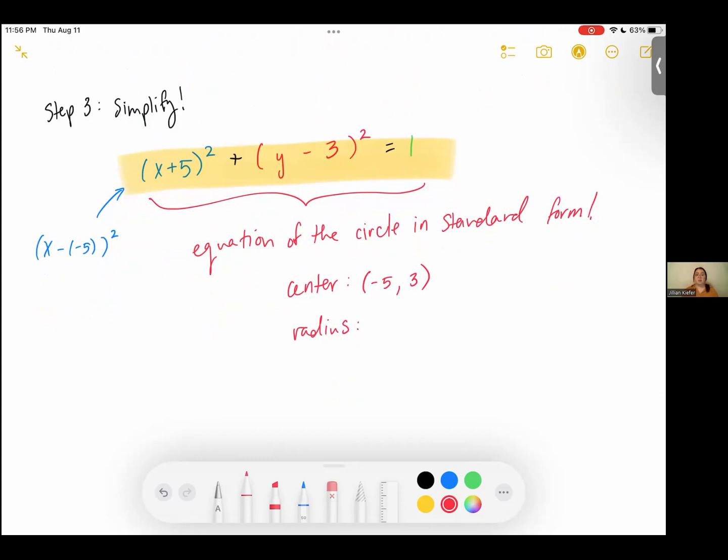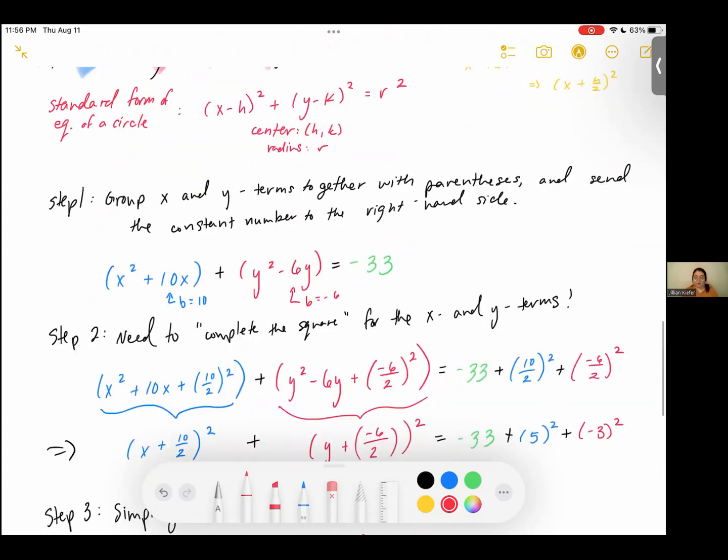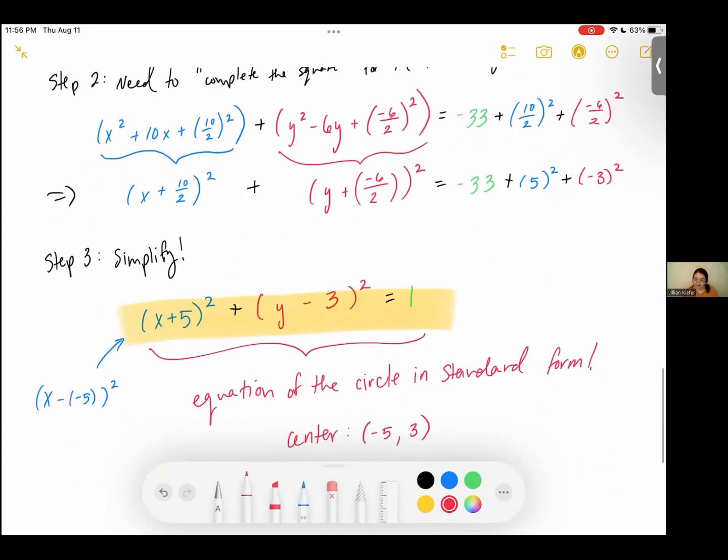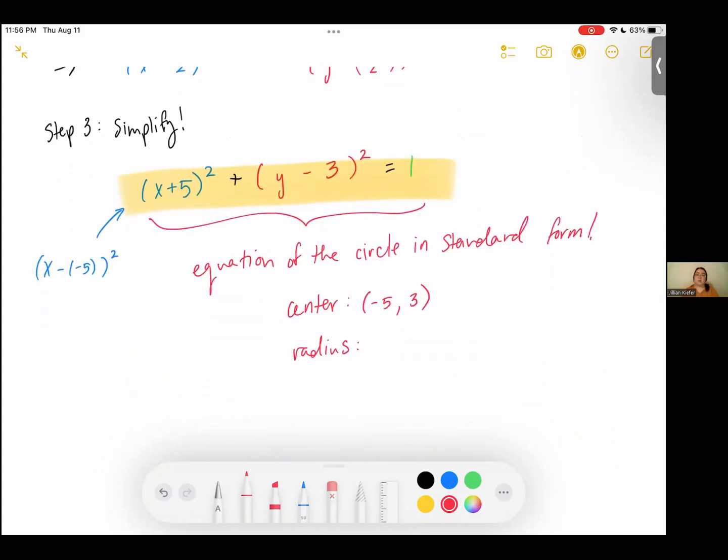And finally, the radius. We said that our formula has radius squared at the end, which means that whatever number this equation is equal to, the radius is the square root of that number. So in our case, we just have 1, which means that this number here is radius squared.